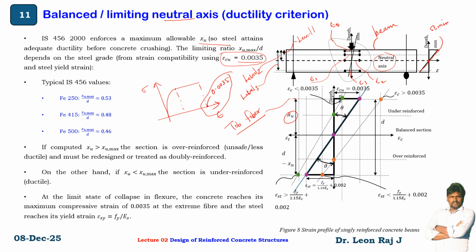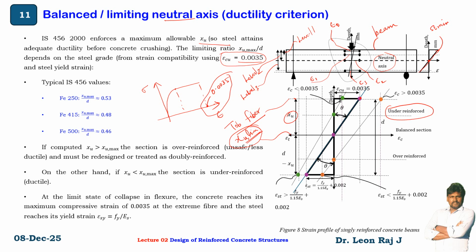This is the XU limit, that means the limiting neutral axis depth based on the limiting strains. Exactly when the neutral axis reaches the limit, the strain in the concrete should be 0.0035.